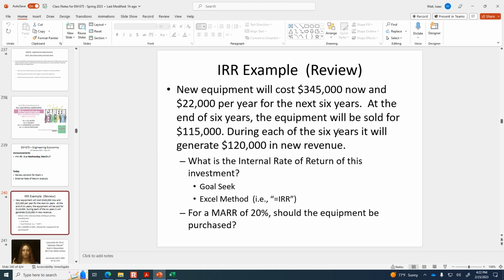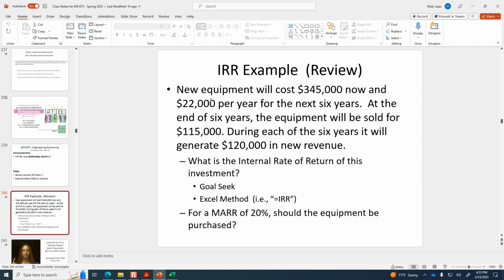We've got an initial acquisition cost, a purchase price at the present of $345,000. And each year we have to pay $22,000. That's probably operations, calibration, maintenance, and so on. So 1, 2, 3, 4, 5, 6 of those. So it's an annual series with an outflow of $22,000 each year.